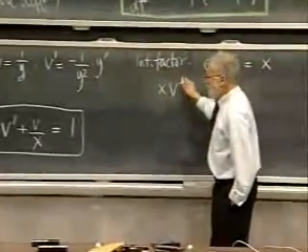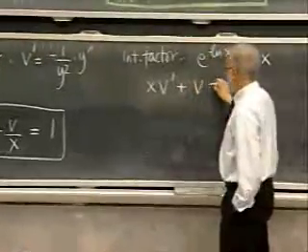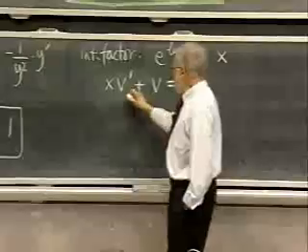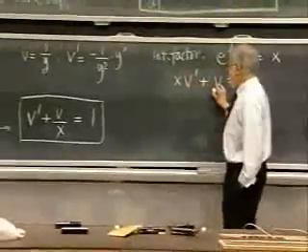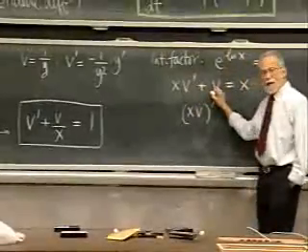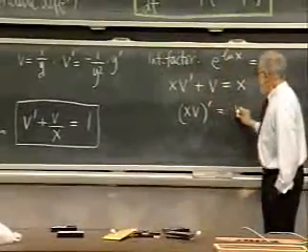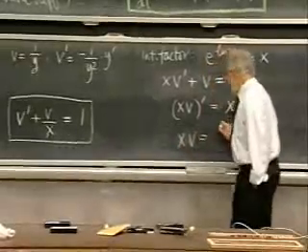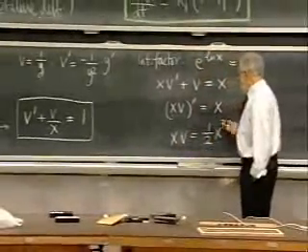So it becomes xv prime plus v equals x. After I multiplied through by the integrating factor, this is xv prime, and I quickly check that in fact that is what it's equal to, equals x, and therefore xv is equal to 1/2 x squared plus a constant.